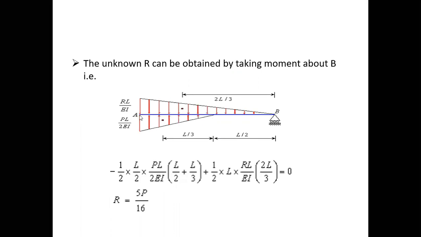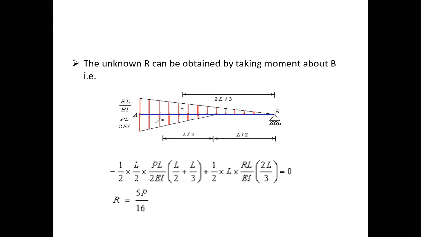The total load of this figure will be half into base into height. The base is L by 2, and the height is PL by 2EI. So this is 1 by 2 multiplied by L by 2 multiplied by PL upon 2EI.